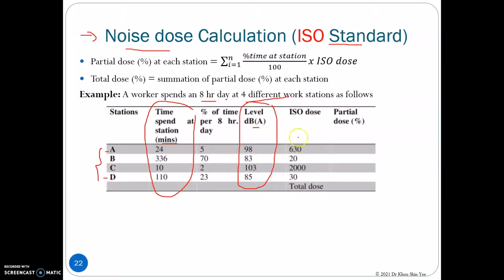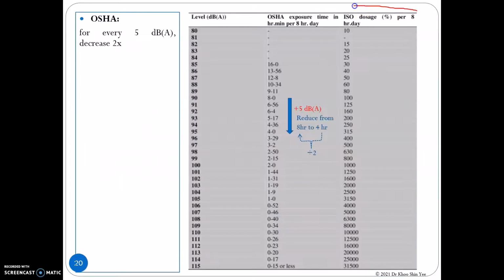In the first step, let's find the ISO dose for the corresponding level mentioned here. The ISO dosage can be found from this table. So 98 dBA is equal to 630%. 83 dBA is equal to 20%. 103 dBA is equal to 2000%.